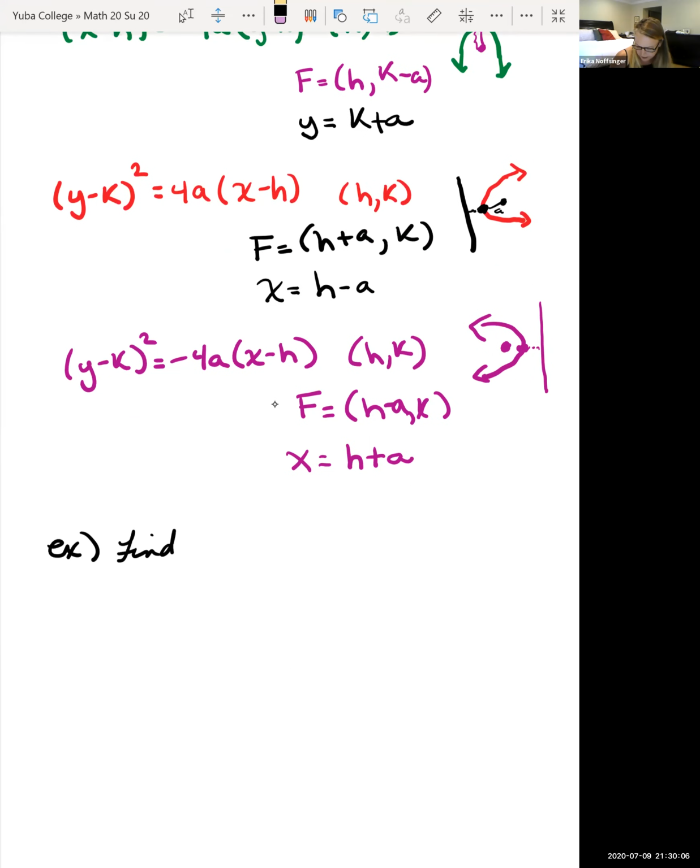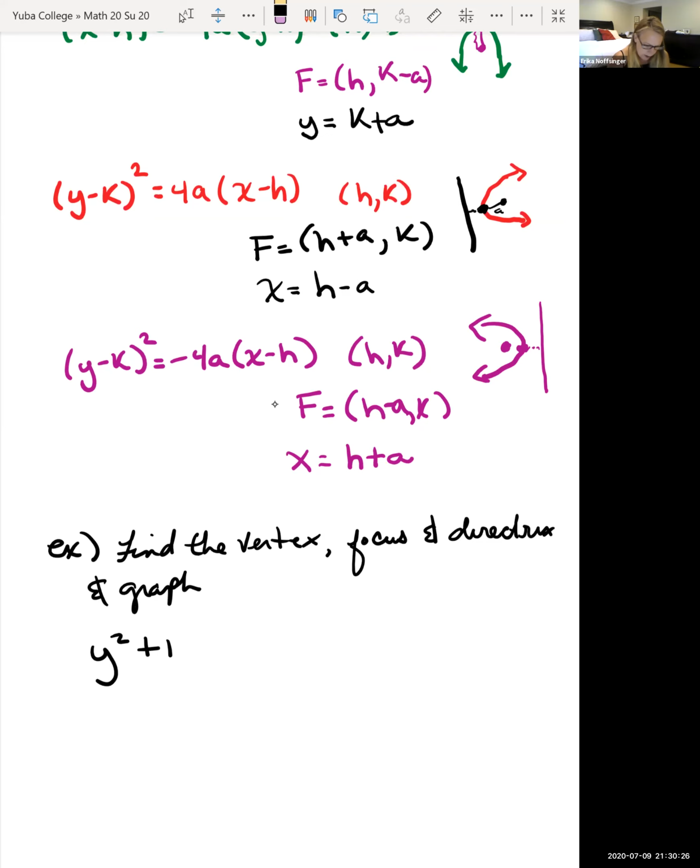So find the vertex, focus, and directrix. And graph. Let's say it is y squared plus 12y equals negative x plus 1.